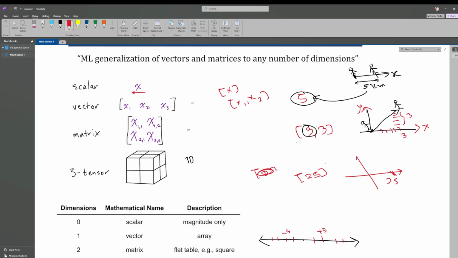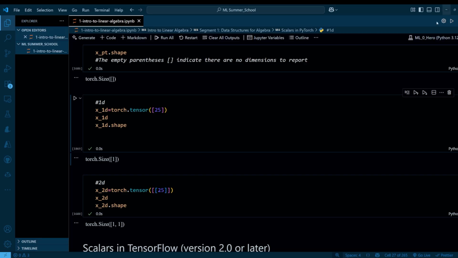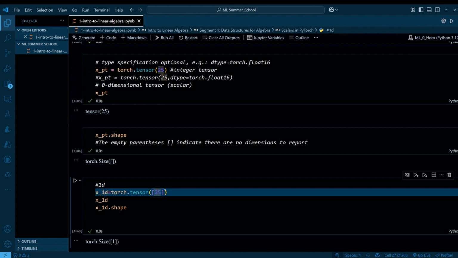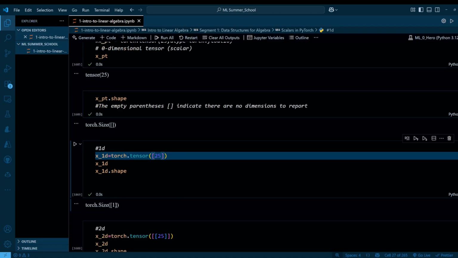We're basically considering that it's simply a value. That's it. There's no dimension with it. You don't need to bother about dimensions for scalars. But if you add brackets, it is assuming we have some sort of axis here. That's why we are getting 1.